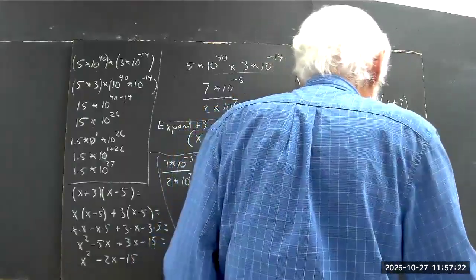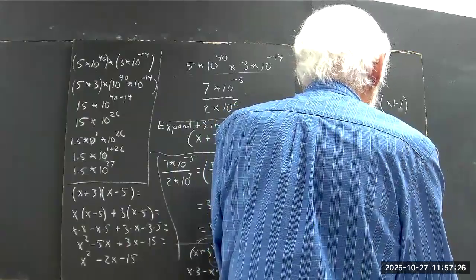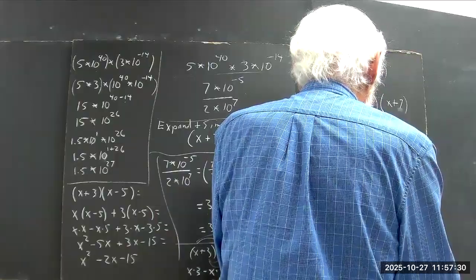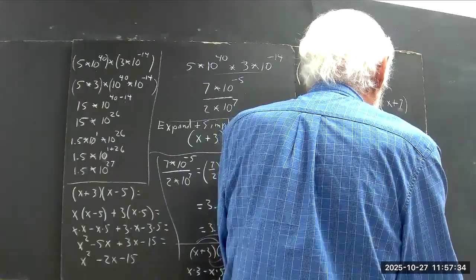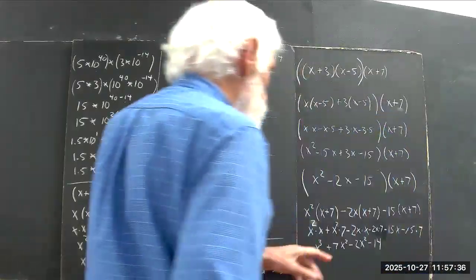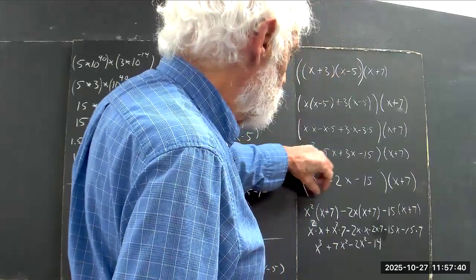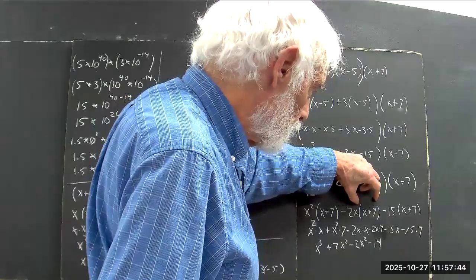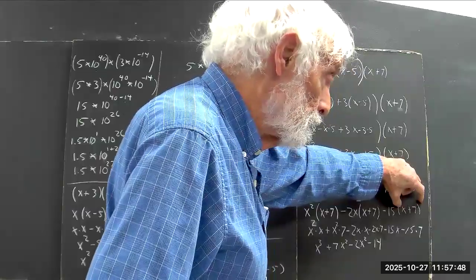Okay, so let's fix it. So the step before the one I'm working on, where we took x squared times the quantity x plus 7, minus 2x times the quantity x plus 7, minus 15 times the quantity x plus 7.